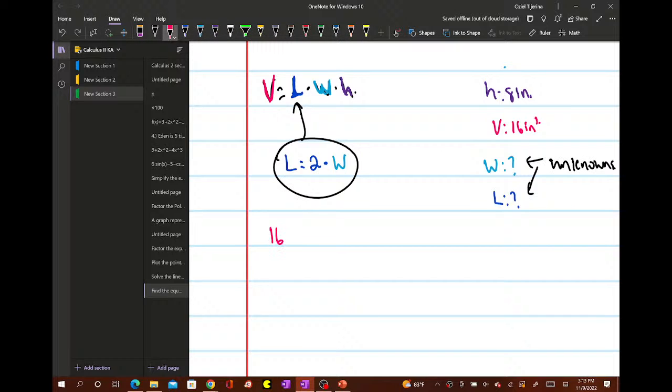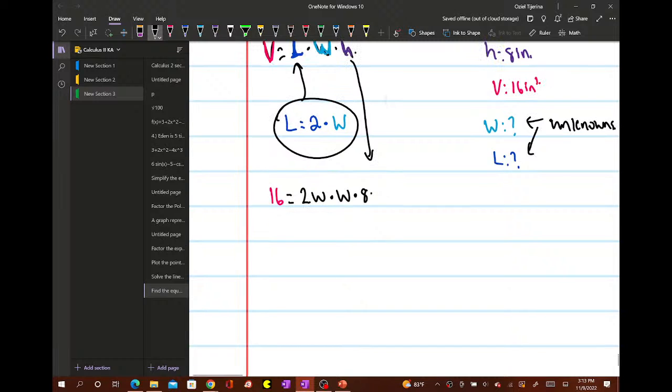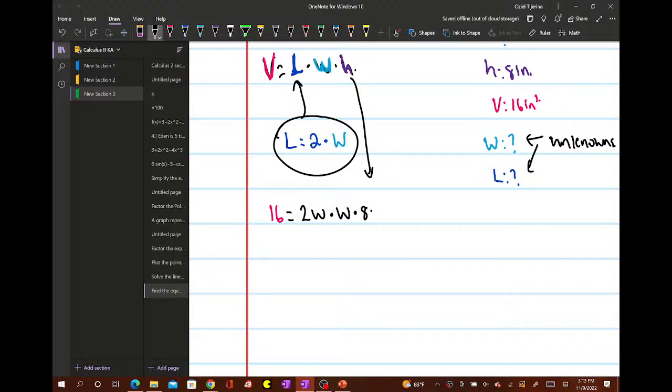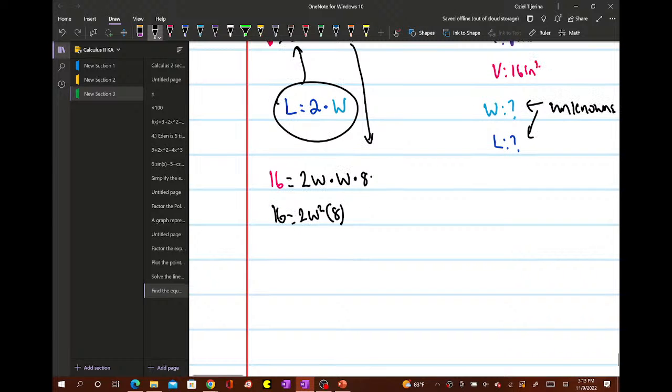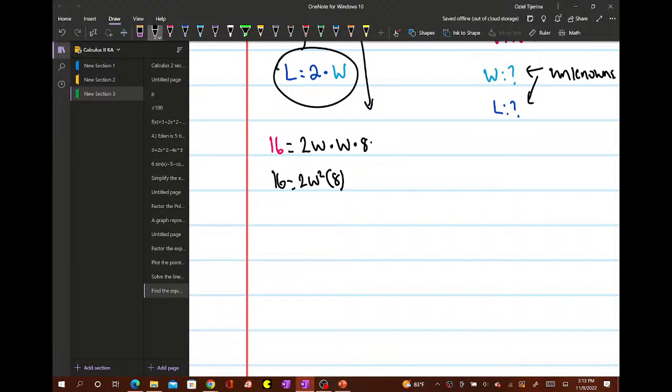So we can say that 16 is equal to 2W, and then times W times the height, which is 8, right? So times 8. And then you have 16 equals 2W squared times 8, and then we have 16 equals 16W squared, right?